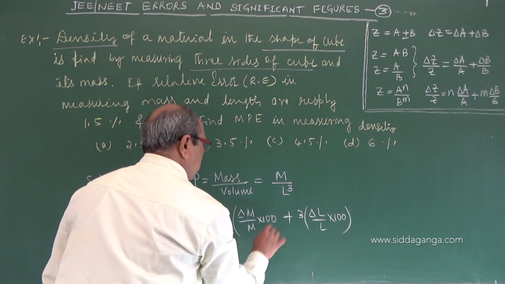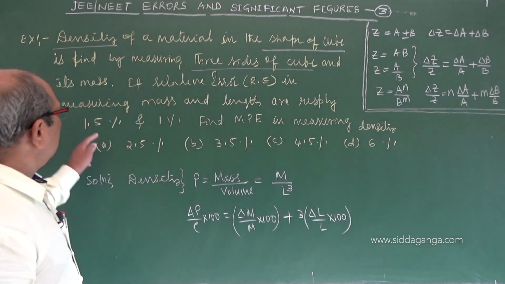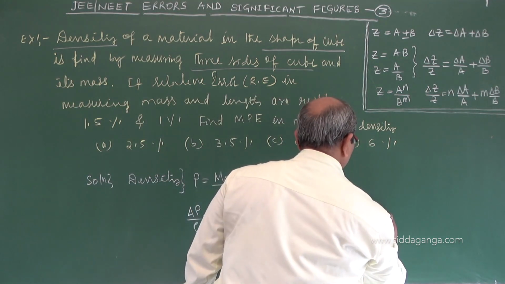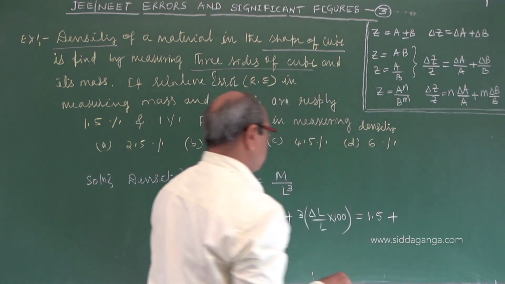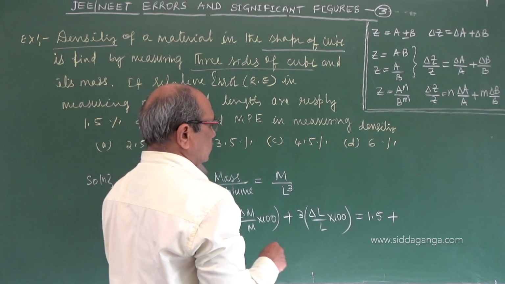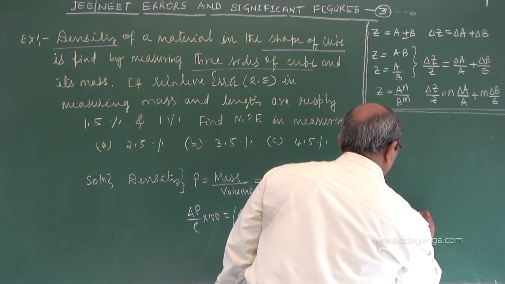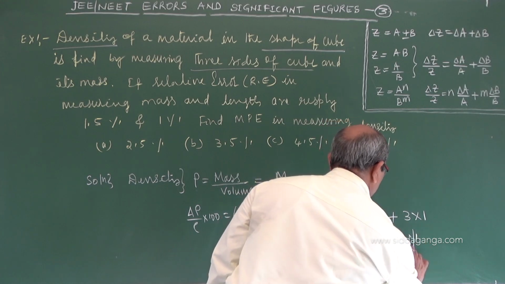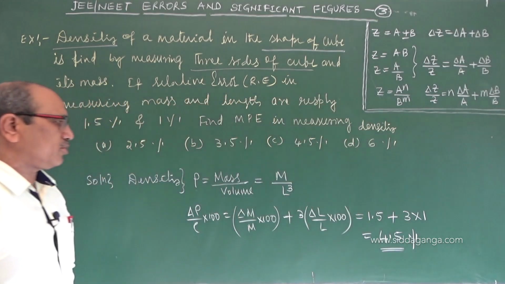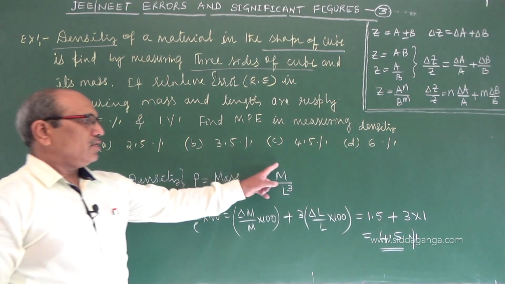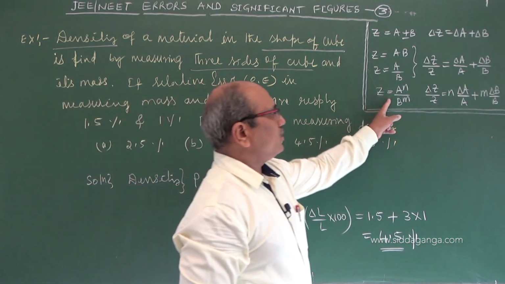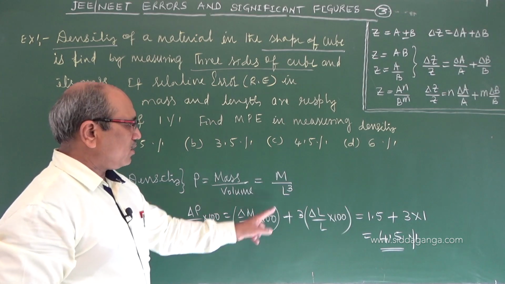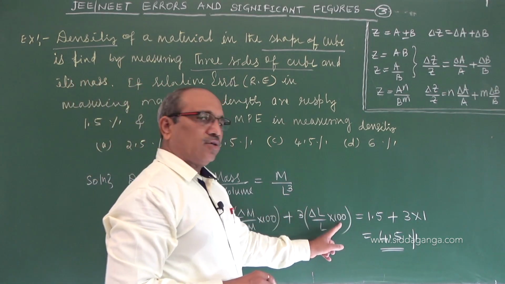See the values given for those. The mass measuring error is 1.5, plus 3 into the other, which is 1, so 3 into 1%. That becomes 4.5%, the answer you got. Mass by volume, m by L cube: we used this relation and obtained delta m by m into 100 and 3 into delta L by L into 100.